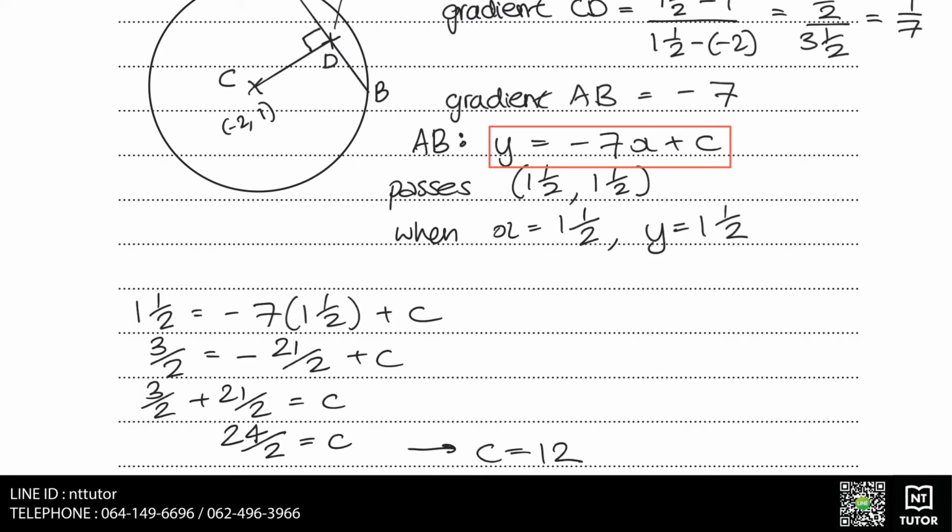And now that we know that c equals 12, we just need to substitute it back into the equation for line AB. Therefore, the equation for line AB is y equals minus 7x plus 12.